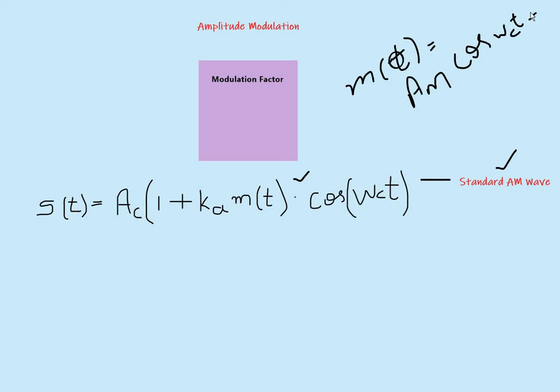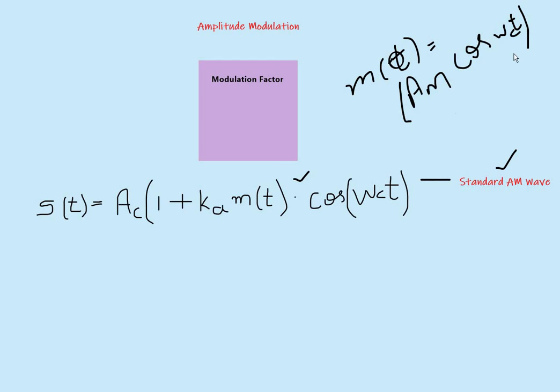Again, I'm telling you, we are not changing the phase, so for simplicity we'll just neglect this phi. We'll take the equation till here only. So this is our equation.